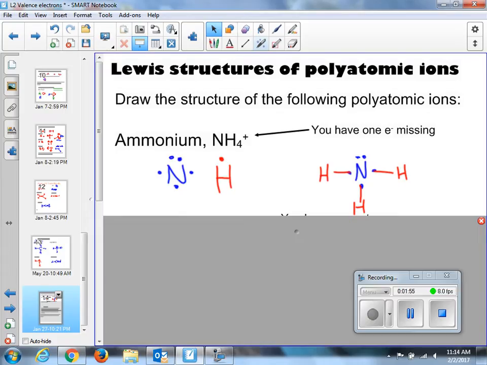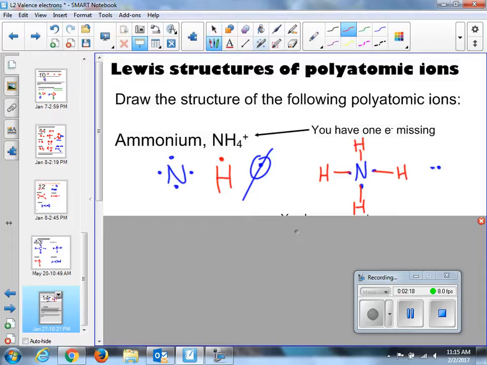Because we're missing 1 electron. Take it away. There'd be space for a 4th bond. So you kind of remove 1 of the electrons. Say, yeah, that's gone now. So here, I'm going to turn that into a single, just like we indicated there, and it'll now be NH4.